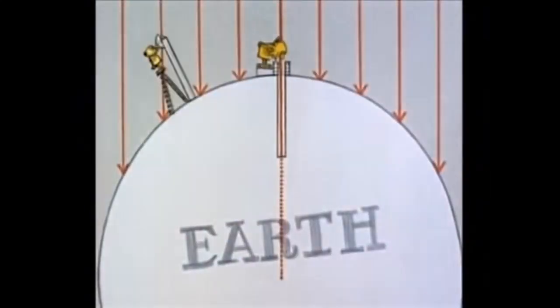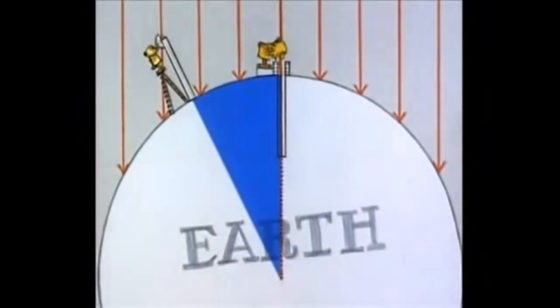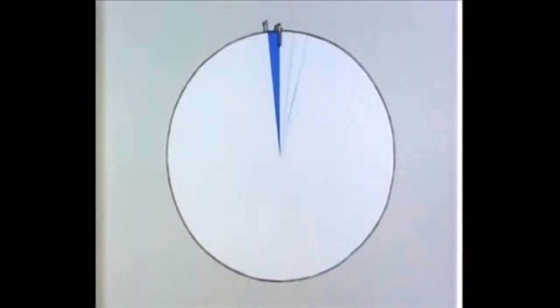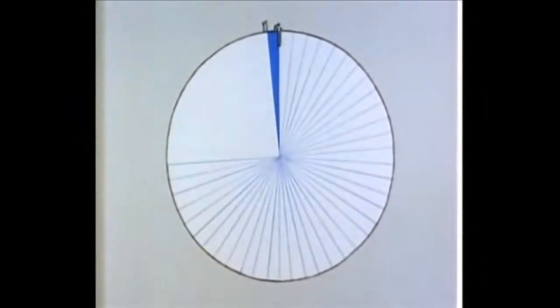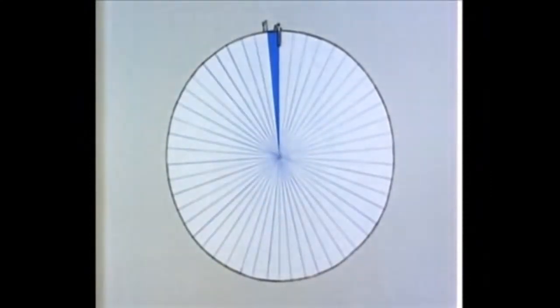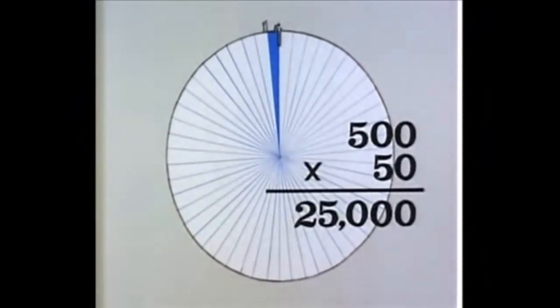So the difference in angle had to result from the curvature of the Earth. If the angle was 1/50th of a circle, then the distance around the world must be 50 times the distance from Alexandria to Syene. With these simple tools, Eratosthenes made this almost exact measurement of the world more than 1,700 years before Magellan sailed around it.